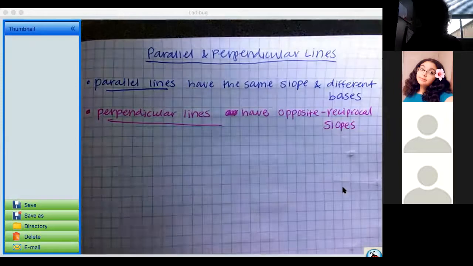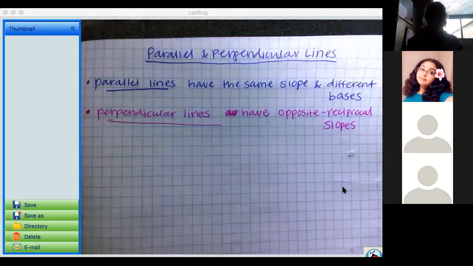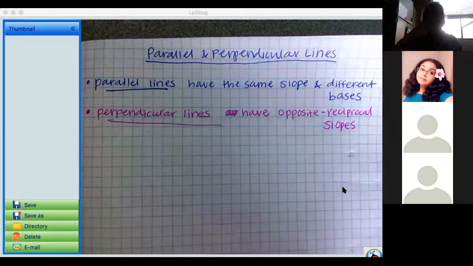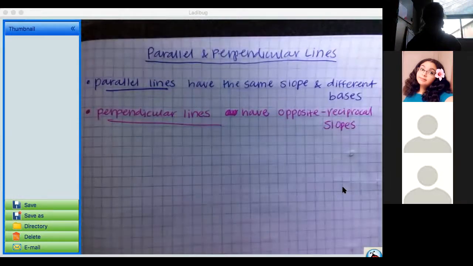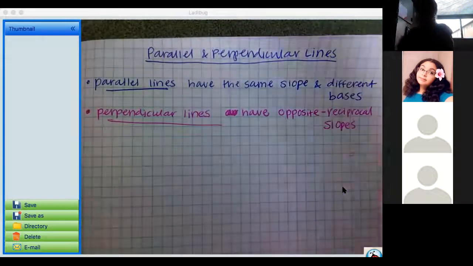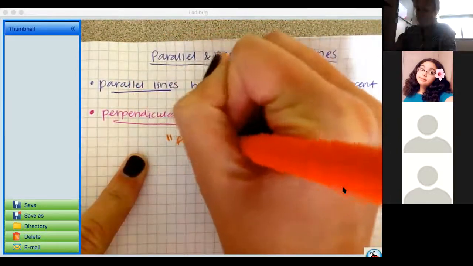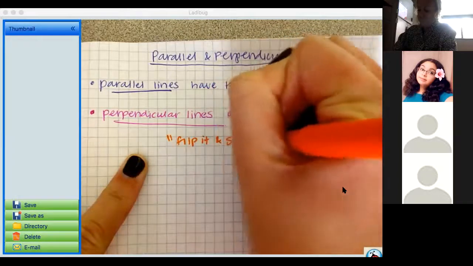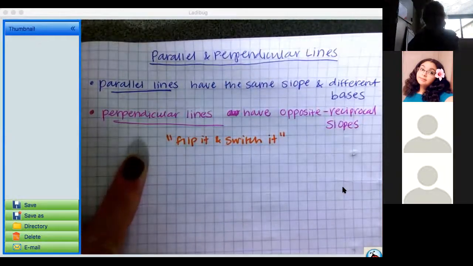But when we find perpendicular lines, we are gonna toot it and boot it. Every time you are finding a perpendicular line, you are gonna flip it by finding the reciprocal, flip it and switch it. Does that make sense? All right, perpendicular lines. This literally means, I want you to write this down, flip it and switch it. And just to make sure you understand what I'm saying, what are we flipping and switching?